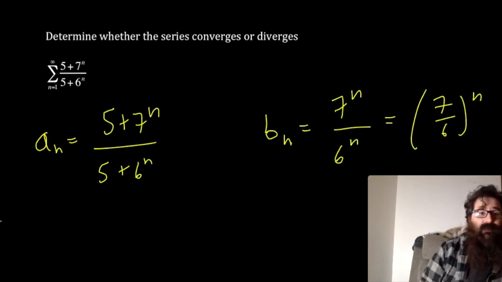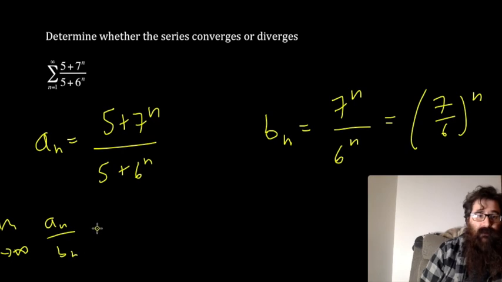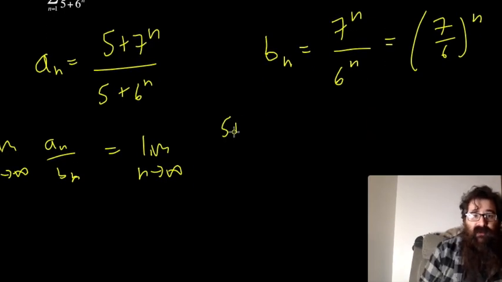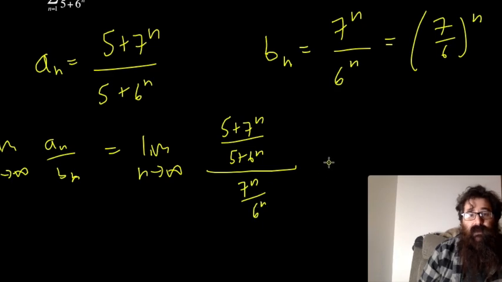And now, with limit comparison test, I want to look at the limit as n goes to infinity of a sub n divided by b sub n, where this is the limit as n goes to infinity of, I have a sub n on top, which is 5 plus 7 to the n over 5 plus 6 to the n, and then divided by b sub n, which is 7 to the n over 6 to the n.